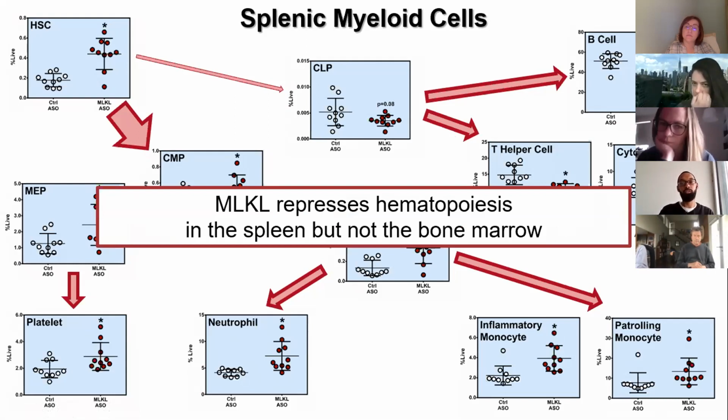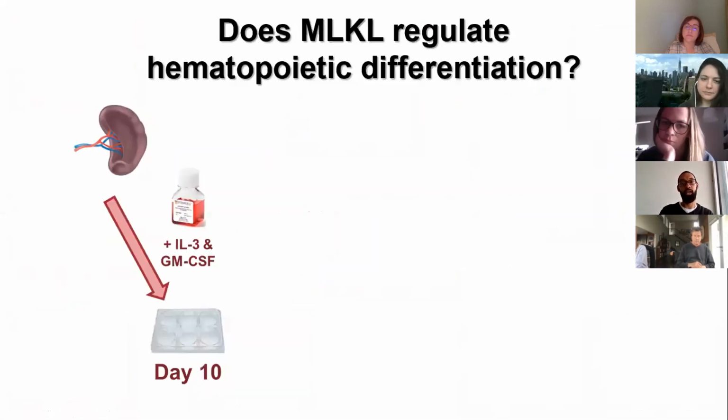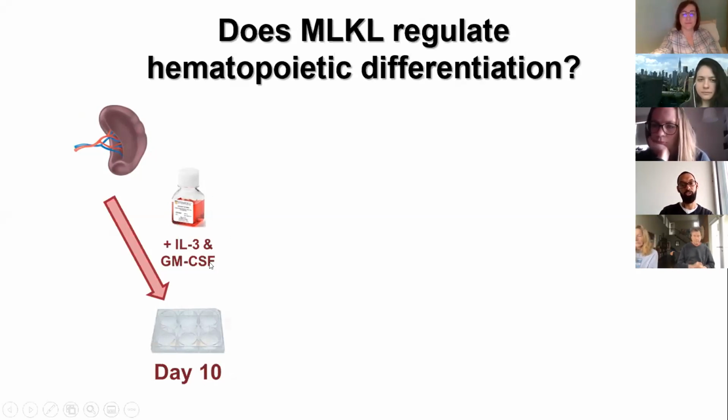Now, this just might arise from the numbers of cells. So we wanted to ask whether MLKL knockdown intrinsically affected the ability of HSCs to differentiate towards cells of the myeloid lineage. So for this, we obtained splenocytes from the control ASO treated ApoE knockout mice and seeded them in methylcellulose media containing IL-3 and GM-CSF.